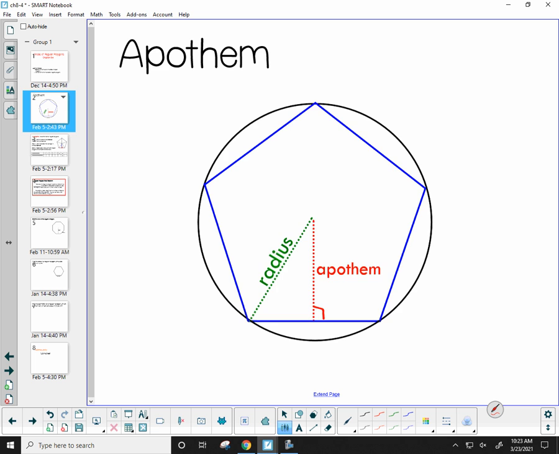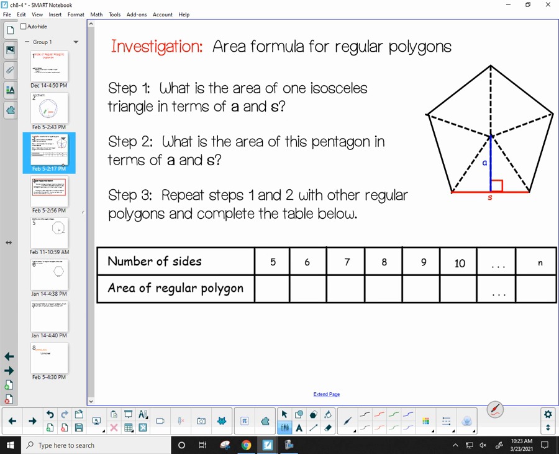All right, so I have for you here a pentagon, and I've divided this pentagon into 5 isosceles triangles. First thing I want to do is come up with the area of this one single triangle in terms of A and S, meaning I'm going to leave A and S in my answer.